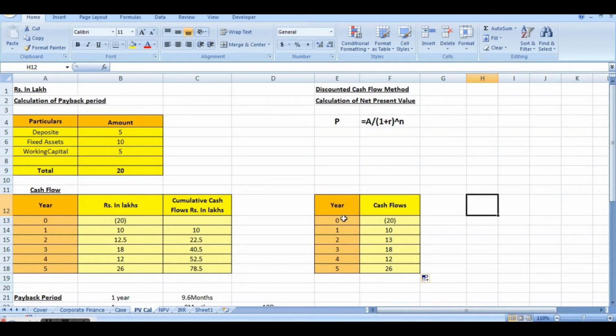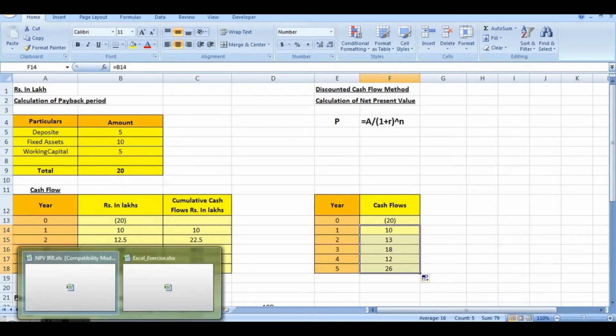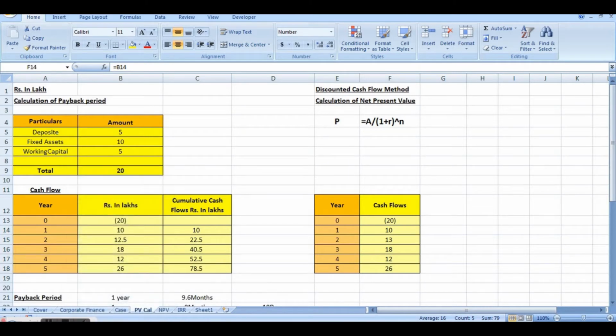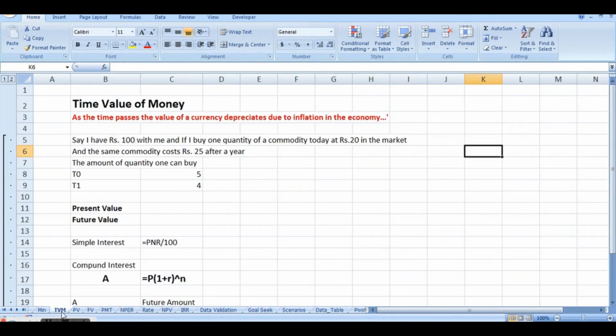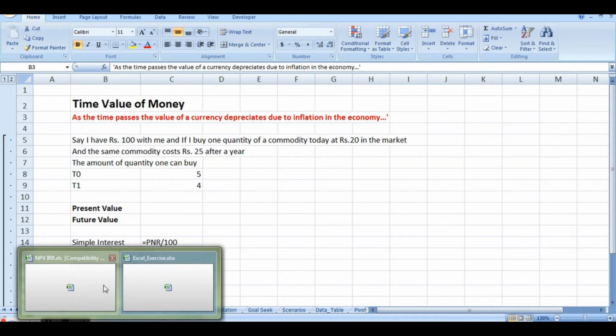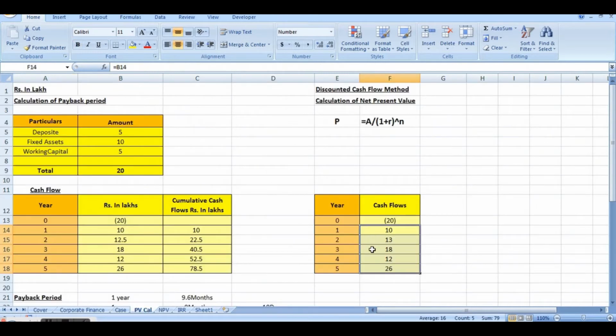Now if you see here, there is an outflow in year 0 and an inflow of money in the rest of the years. If you remember the time value of money concept, we have seen that the value of money goes down, or diminishes, as time passes. So can we compare the inflows that we are going to get over the next 5 years with the outflow today?